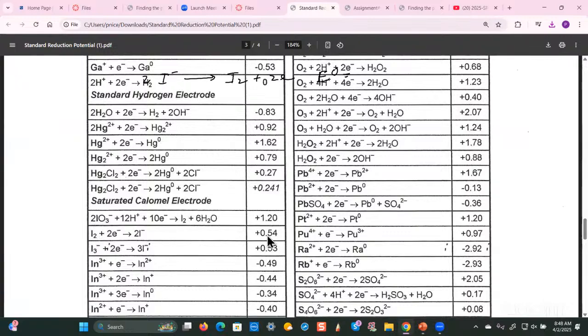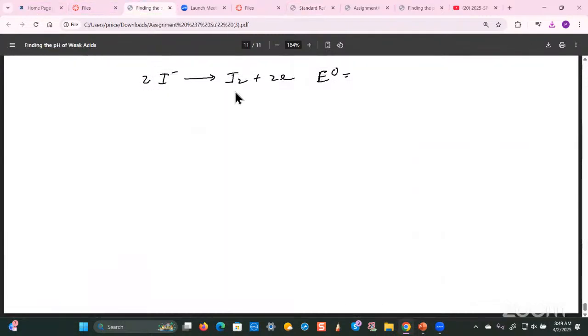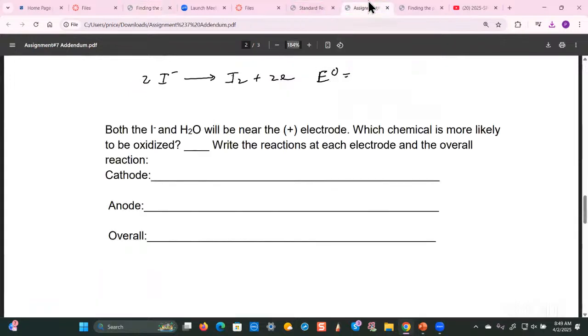The EMF value is 0.54, but we're looking for the oxidation of iodine, which is the reverse, right? So that means that the sign here will change from plus 0.54 to minus 0.54. So let me go back to the question. Okay, so for the reverse, the EMF value would be minus 0.54.